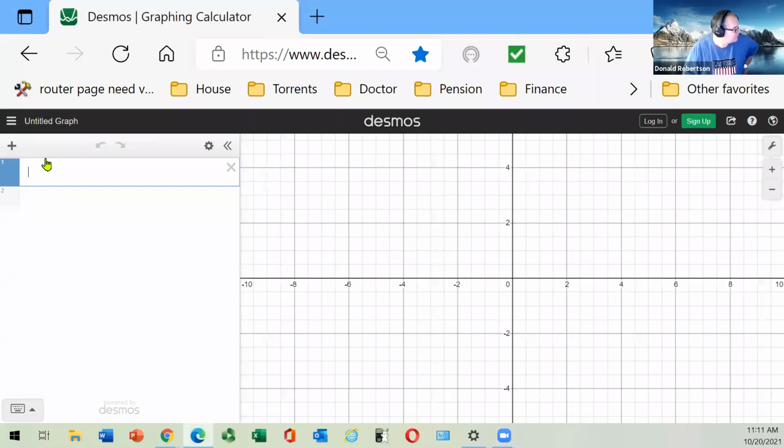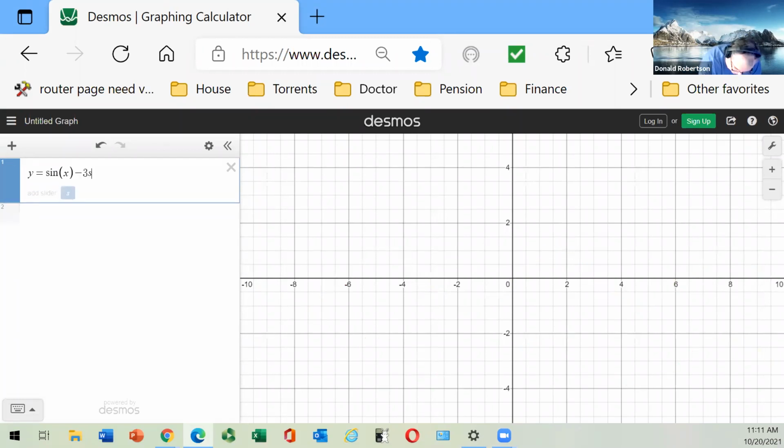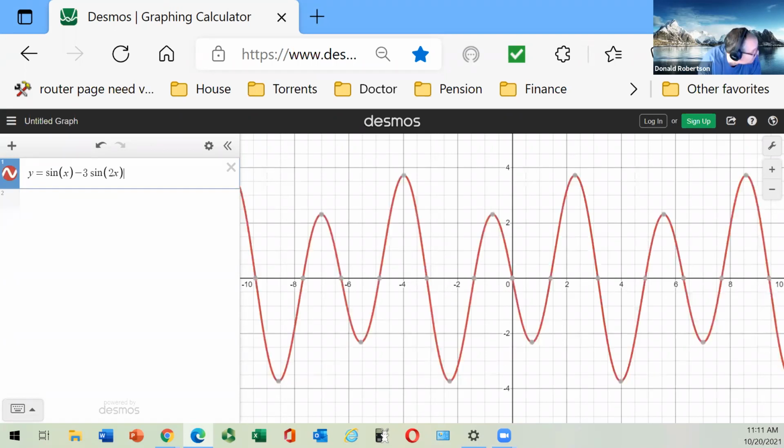There we go. Right, looks like I should be able to switch over now because I've got a picture of Desmos. Here it is. And in here, I'm going to do y equals the sine of x. I think I need a bracket, don't I? Yeah, that's how it does it. Take away 3 sine of 2x. Looks good.